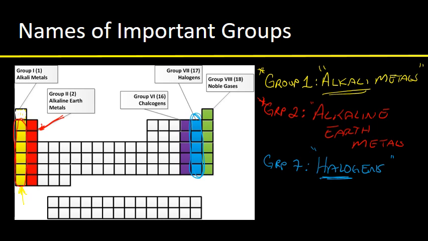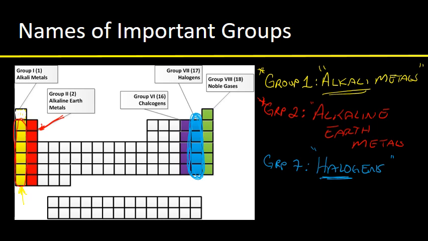And the reason they have that name is because a lot of compounds, ionic compounds in particular, that include guys from this group make compounds that are very similar to salt. They have small cubic crystals, they dissolve in water, behave very much like typical sodium chloride.